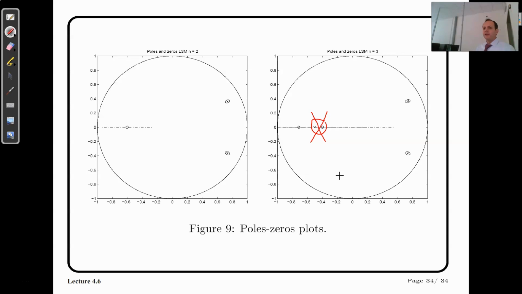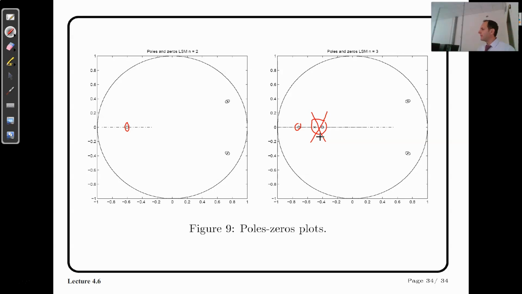because you have a cancellation. You have the same zero here, but if you add a pole, the model introduces a zero, which is not perfectly superimposed to the pole, but is quite close. It is normal.